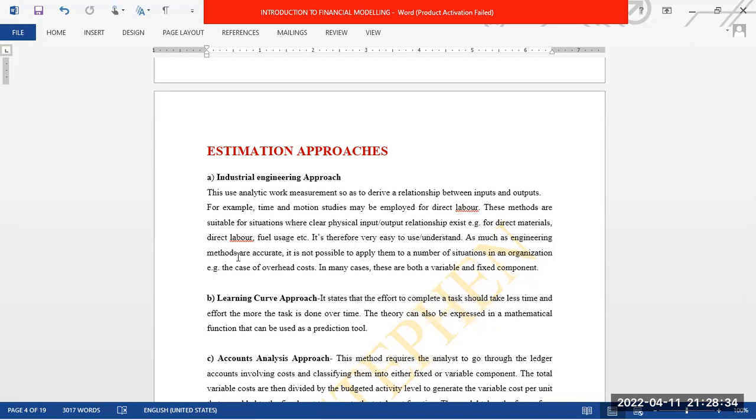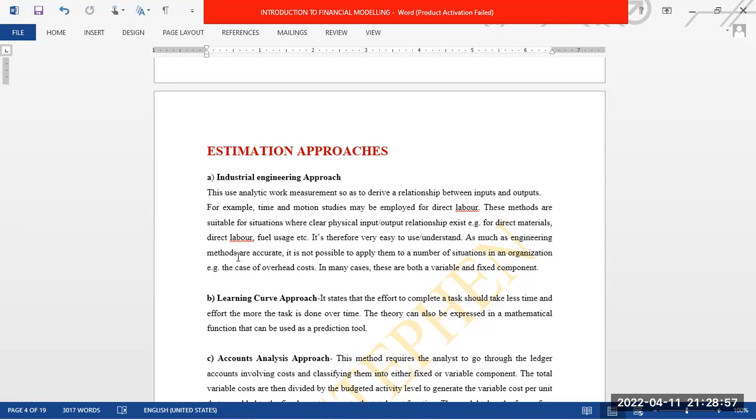For example, time and motion studies may be employed for direct labor. So these methods are suitable for situations where clear physical input to output relationships exist, e.g. for direct materials, direct labor, fuel usage, etc.